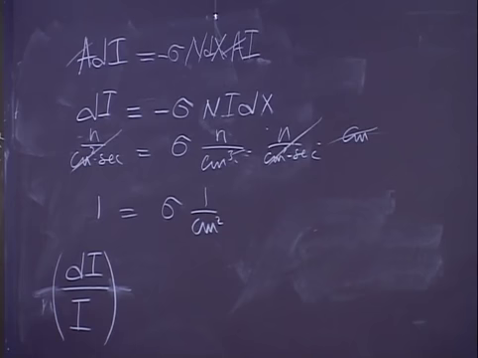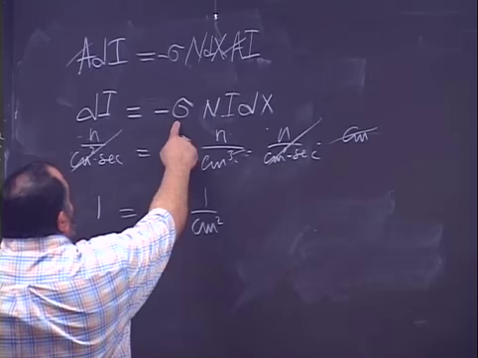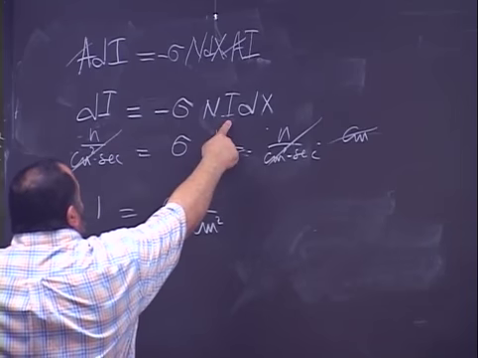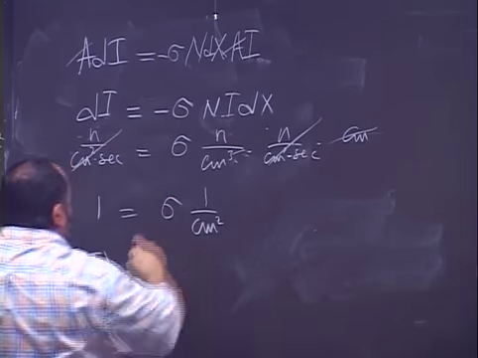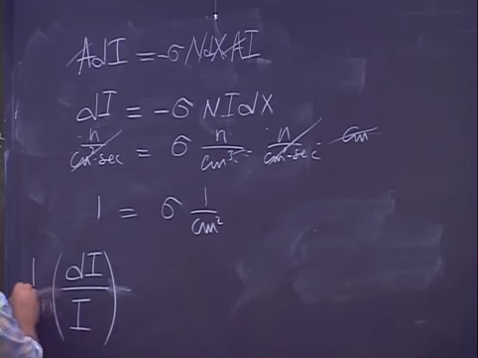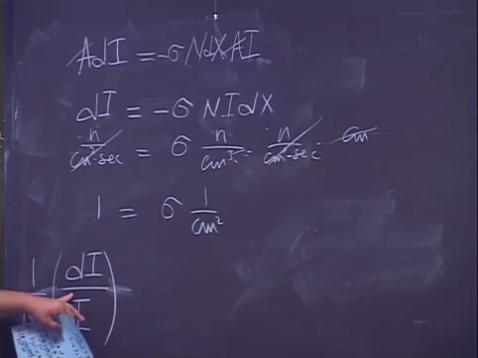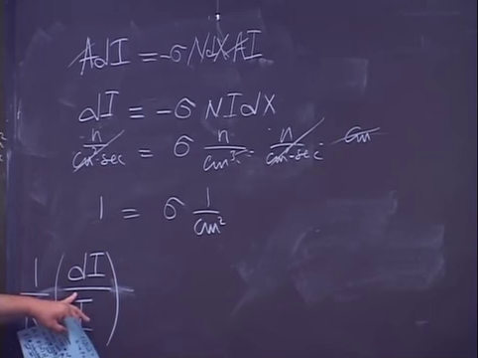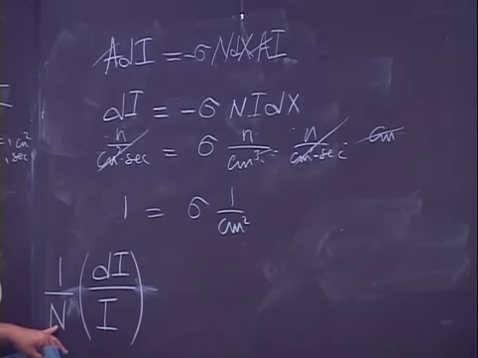Yes? So if I divide delta I by I, and then I divide by 1 over n. So what does it mean here? This is the probability of interaction. And when you divide by n, what's n? Number of nuclei per unit volume.